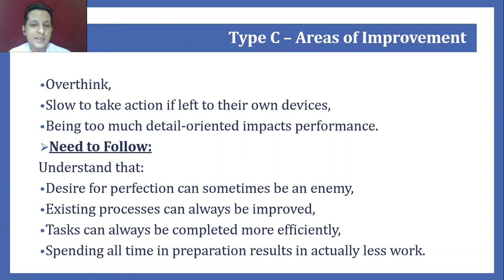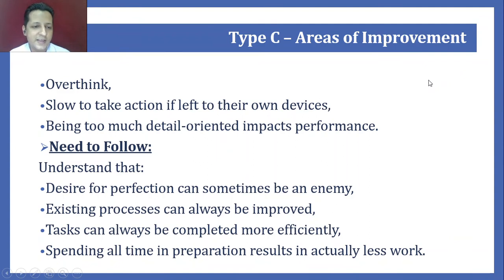And if they are left to their own devices, if people keep on waiting for them, they may take more time because they are slow to take action sometimes. Another issue that people face with such kinds of people, the drawback of these people, is they are so much detail oriented that it sometimes impacts the entire performance. So that also impacts harmony of the entire workplace sometimes.